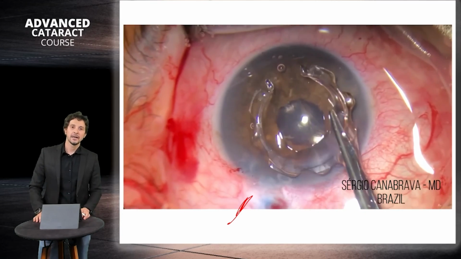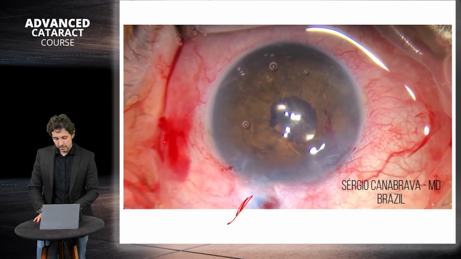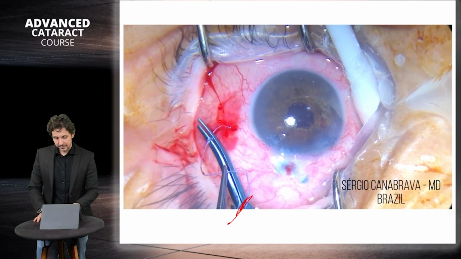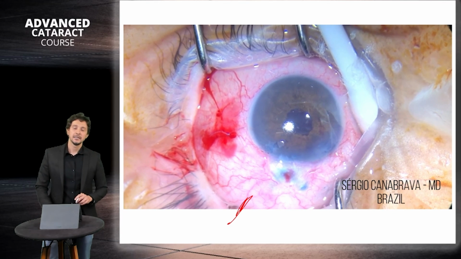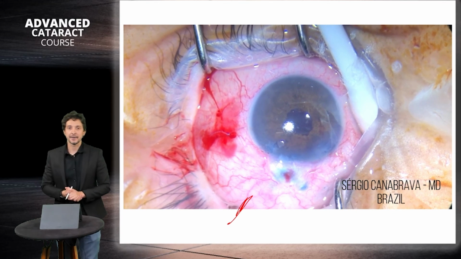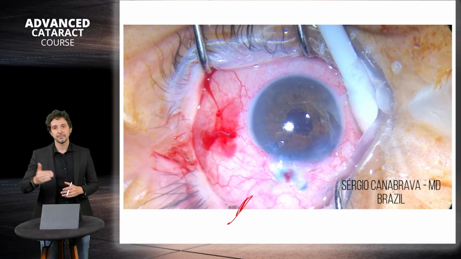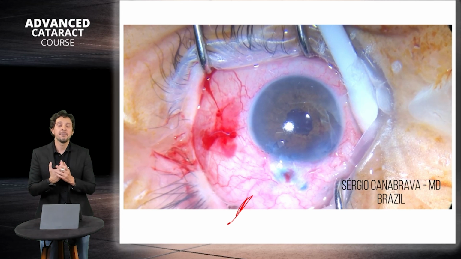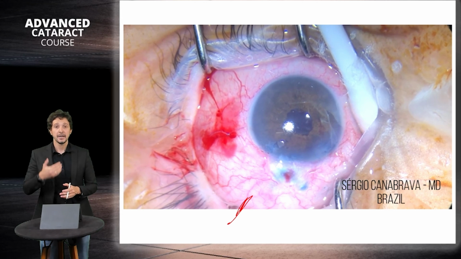And so at the end of the surgery, I will do a suture here in this paracentesis in the sclera. So it's important to know the size of the anterior chamber, because the cataract can be more difficult for you during the phacoemulsification, and of course because of the IOL power calculation.